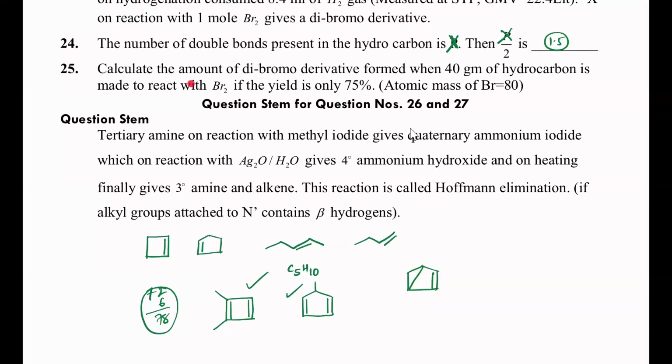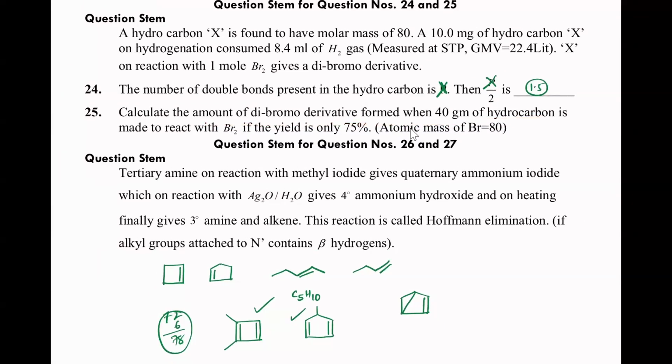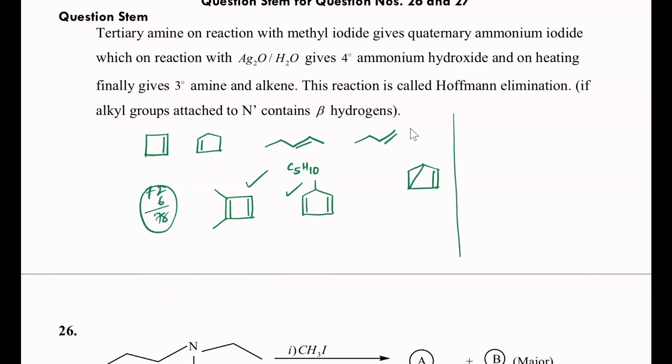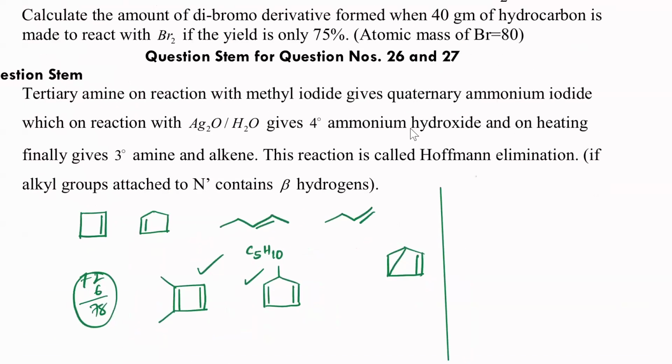Next, calculate the amount of dibromo derivative formed when 40 grams of hydrocarbon is made to react with Br2 if the yield percentage is only 75. Okay. So molar mass, if you take 40, means half a mole. So half a mole means, suppose I consider this as your original molecule, its reactivity is 2 moles of Br2 in the presence of CCl4.